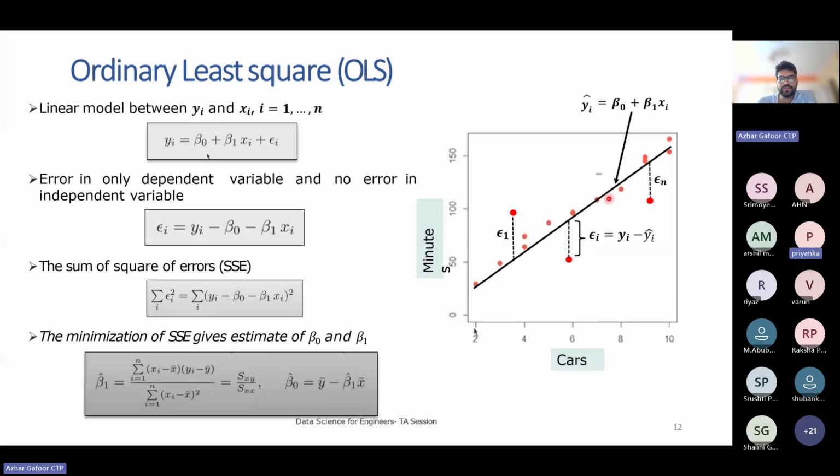So our aim is to minimize this error. This total error is the sum of the distances from the line to each point, parallel to the y-axis. If you take the derivative of this equation with respect to beta naught and beta 1 and solve, you end up with this formula.